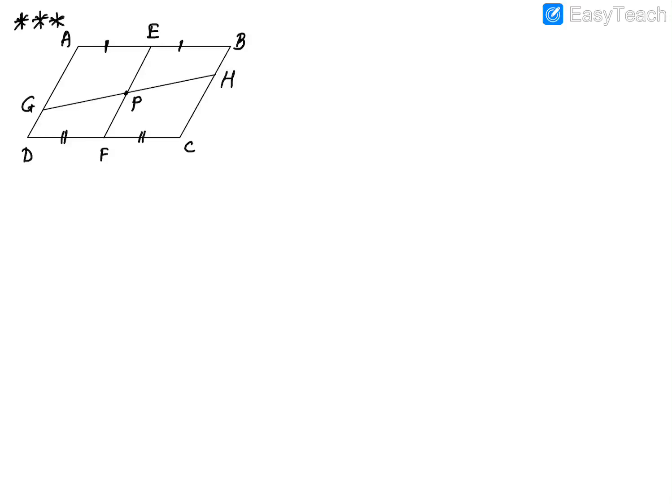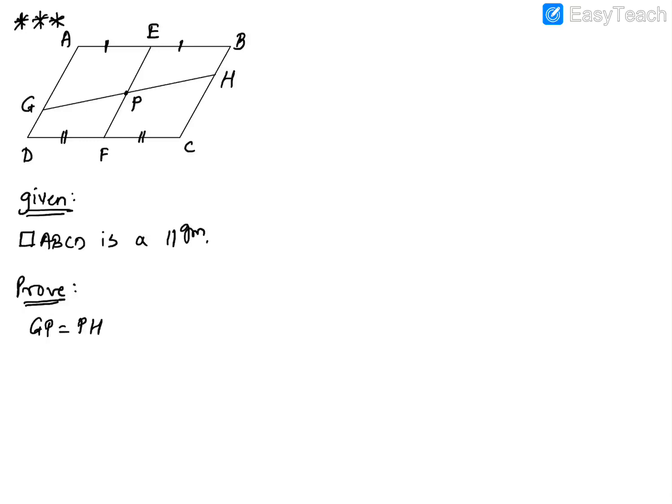Whatever data I've marked in the figure, you can see that all is given. I'll just write one more thing which is given, which I could not mark on the diagram. Quadrilateral ABCD is a parallelogram. What do you have to prove now? We are going to prove that GP is equal to PH. So okay, let's start with this proof now.